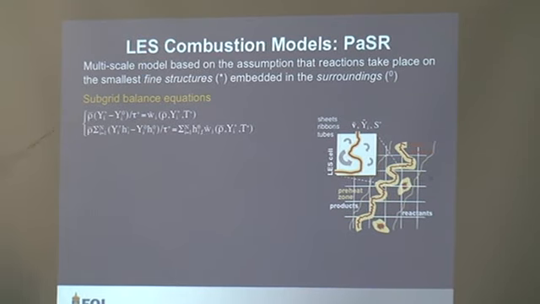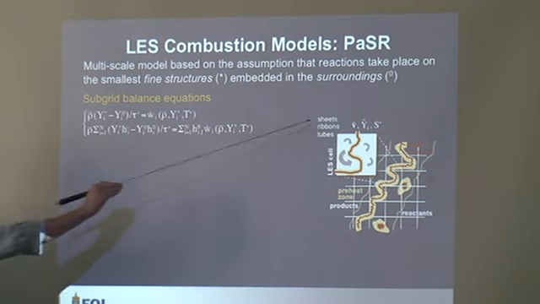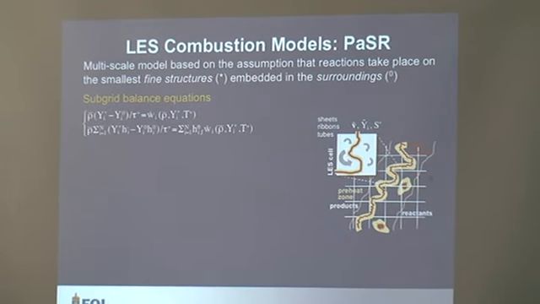The issue with the subgrid balance equation is there. We notice that we have small-scale structures, sheets, ribbons, and tubes. We have fine structures, we have surroundings, and we propose to use the same type of subgrid balance equations to compute the small-scale temperature, small-scale mass fractions.